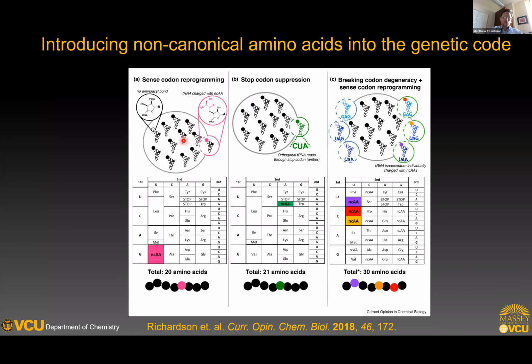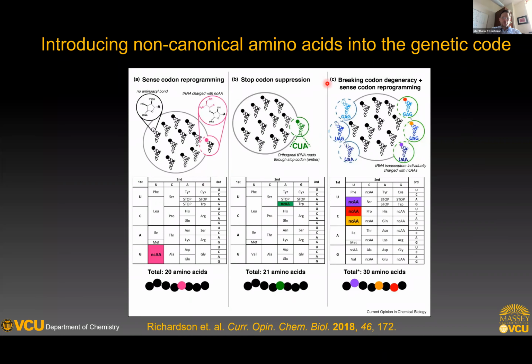Work like this was originally pioneered by David Tirrell and others, even in the 90s, where they would have an auxotrophic bacteria that couldn't make a certain amino acid. They would feed another amino acid in, a surrogate, and then they would look to see if that second amino acid was incorporated into proteins, placing the non-canonical in place of the natural amino acid. But you're not expanding the code with this method.